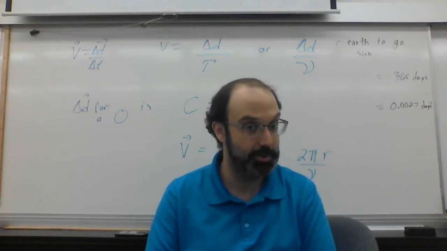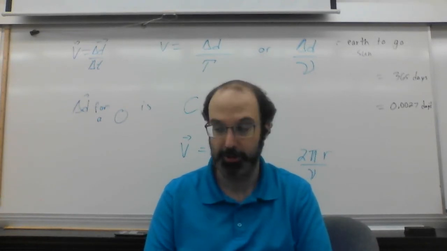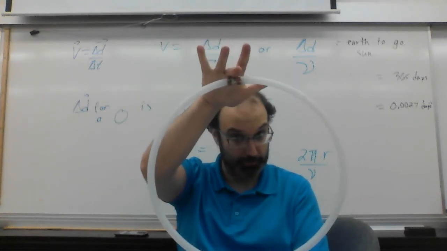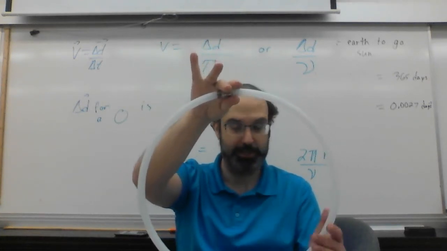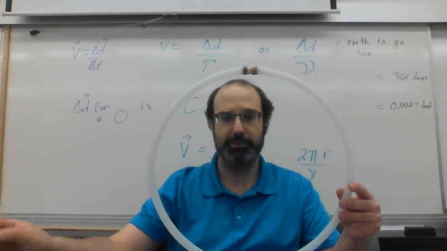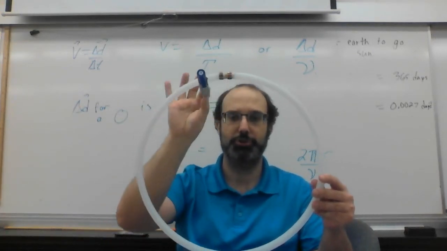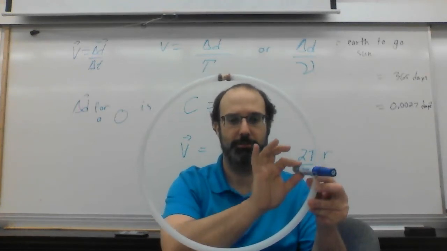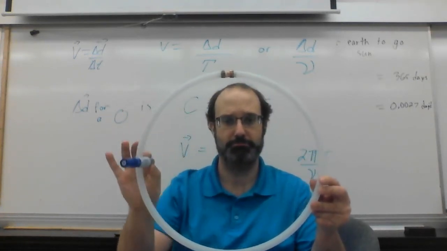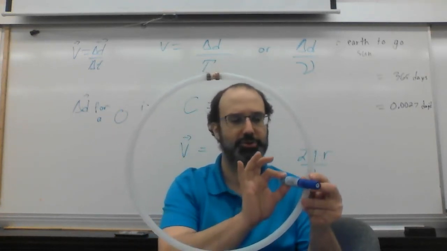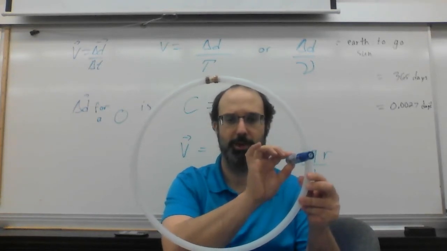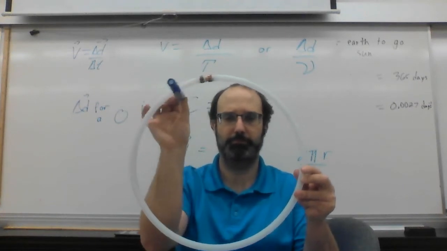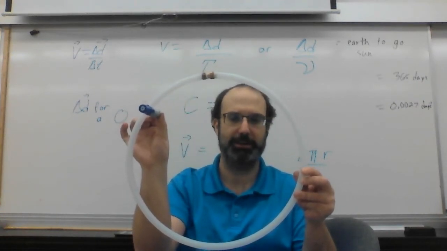Now, there is one tricky part. It's a circle, as you have heard me say about 1 billion times so far. So if I am going around the circle, what is the direction of my motion? That's tricky, right? Like here, I'm going up. Here, I'm going right. Well, your left.